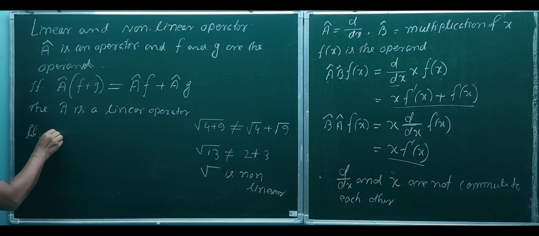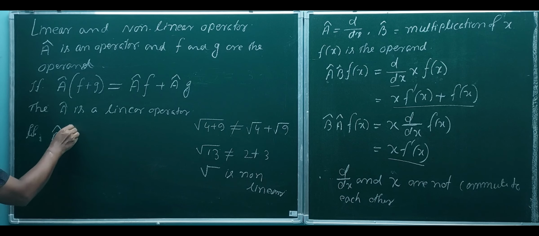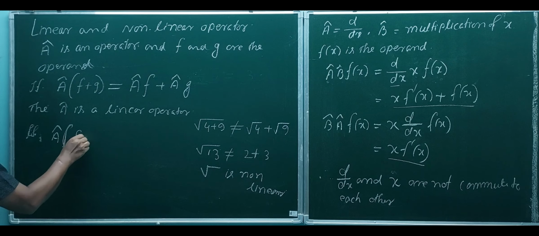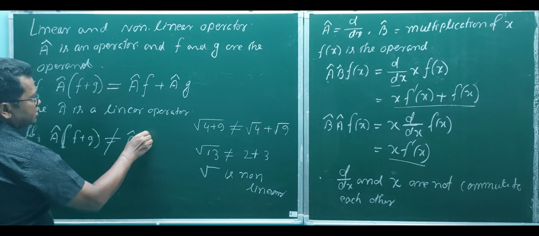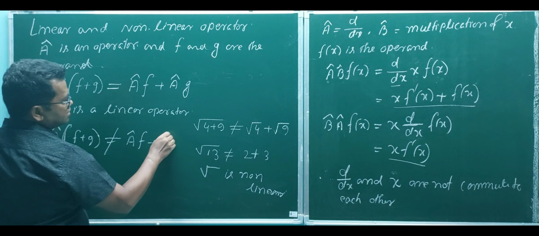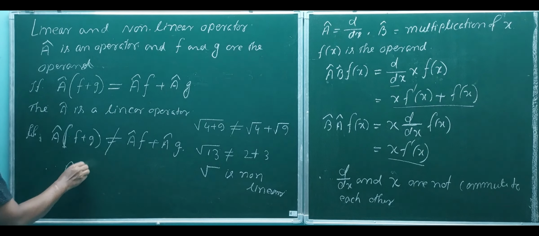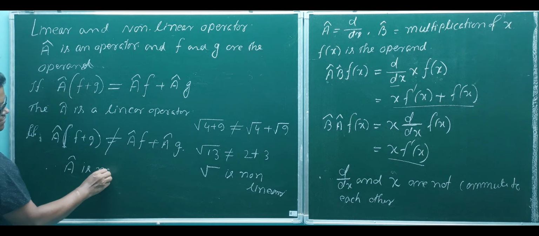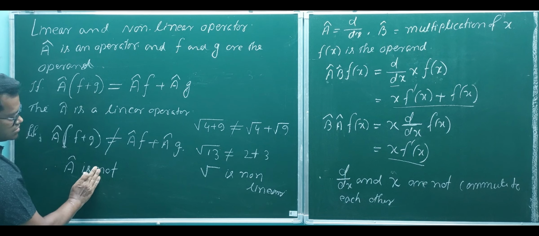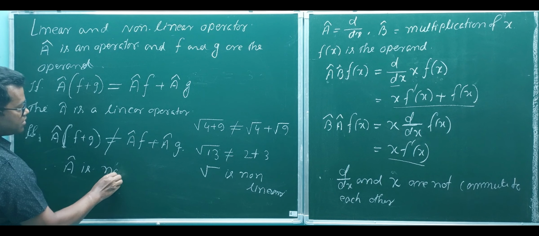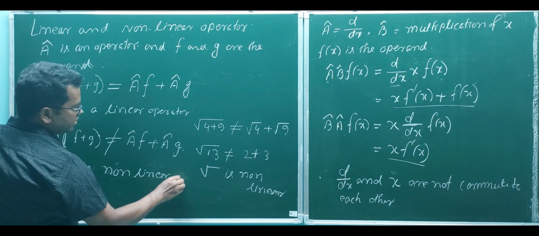If A cap operating on f plus g is not equal to A cap f plus A cap g, therefore A cap is not linear, that is, it is a non-linear operator.